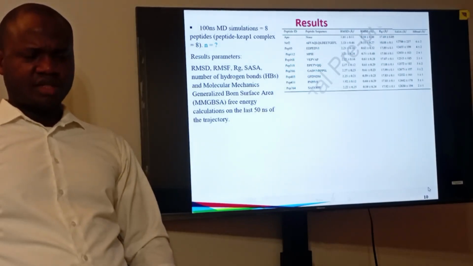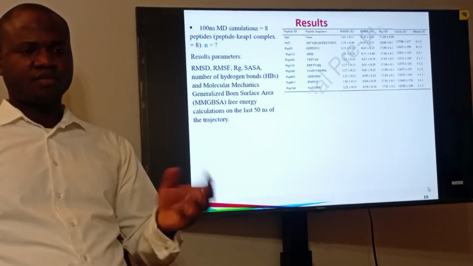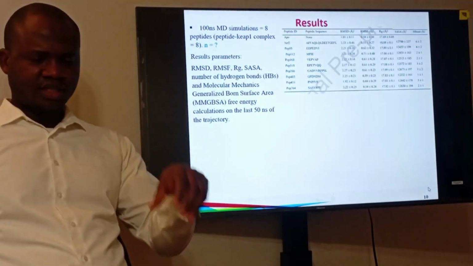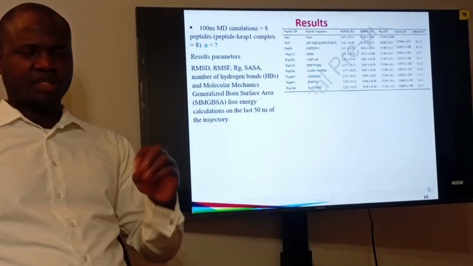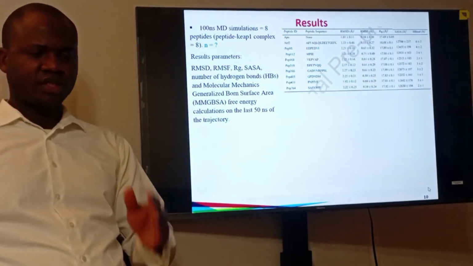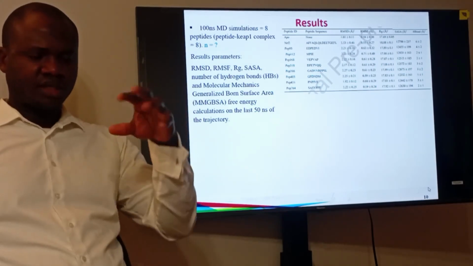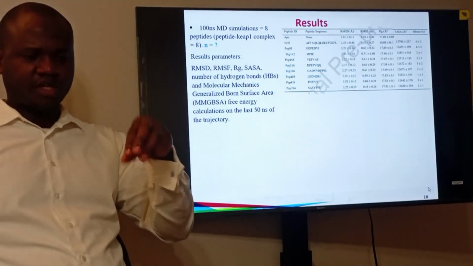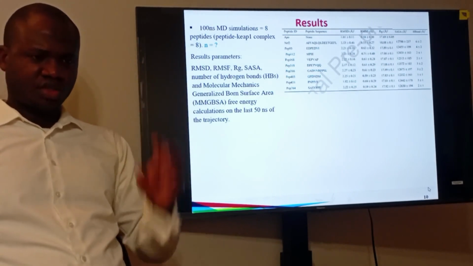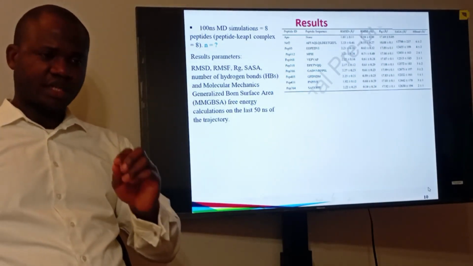If you talk about RMSD, they want to check the deviation of the structure from the initial structure: is the structure stable over the period of the simulation? For the RMSF, they want to check the atomic fluctuation of each residue in terms of position. Does the position shift during the course of the simulation?